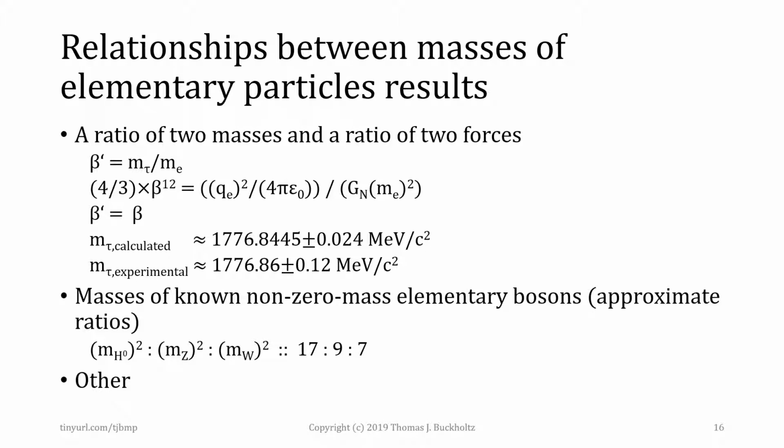Our theory correlates with, at least approximate, relationships between the squares of masses of the three known non-zero mass elementary bosons. We also suggest a formula that links the masses of charged leptons, the masses of quarks, and the fine structure constant.